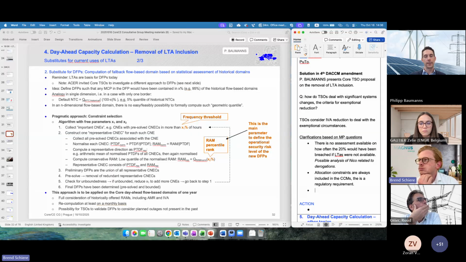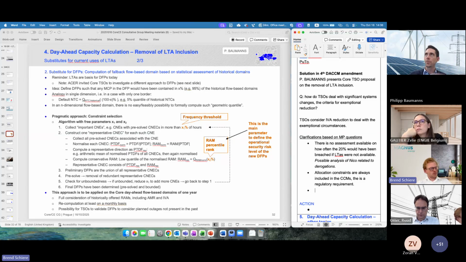One aspect, so it's basically the last one on the slide, is some TSOs raised a concern. What happens if we have a 1-year historical flow-based domain, use this for our statistical approach, and we are aware that now exactly for the day tomorrow, we know that some lines are out of operation and they have been in operation the last year. So maybe that changes something.